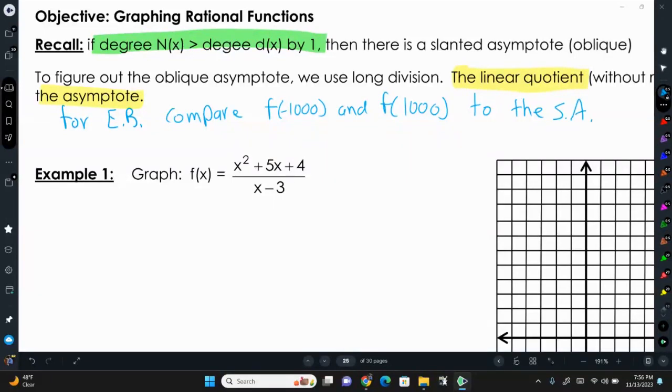So we're going to evaluate that asymptote at negative 1,000 and positive 1,000, and that's what we're going to compare f of negative 1,000 and f of positive 1,000 to.